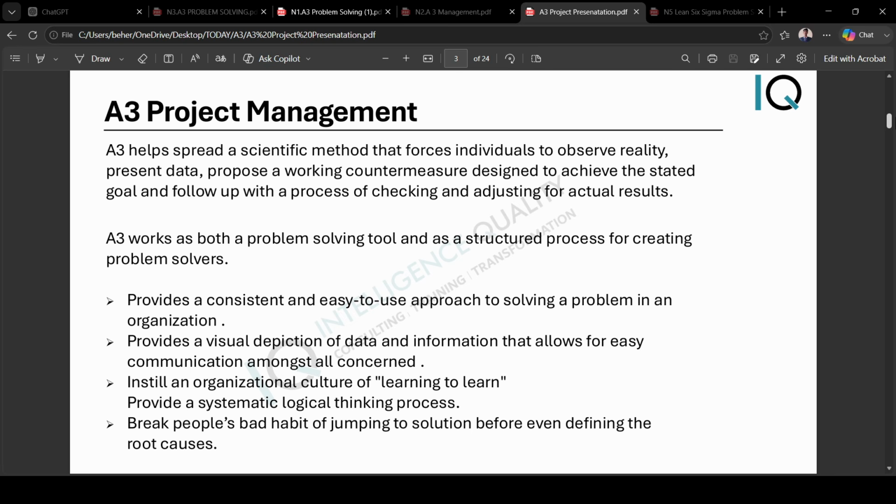It provides a visual presentation of data and information that allows for easy communication among all concerned. It installs an organizational culture of learning, provides a systematic logical thinking process, and breaks people's bad habits of jumping into solutions before even defining the root causes.